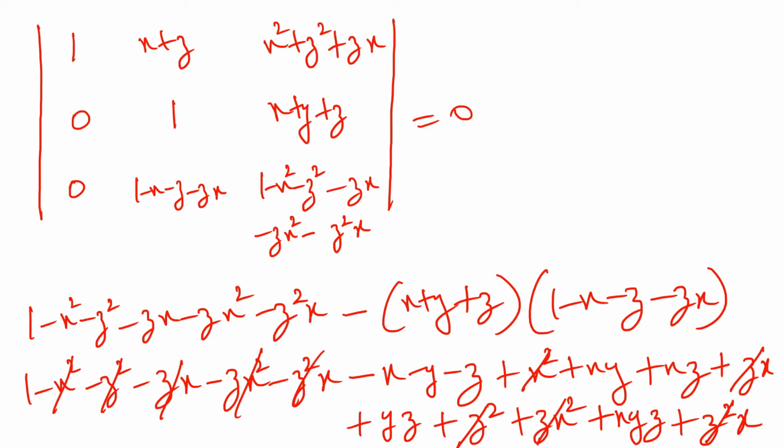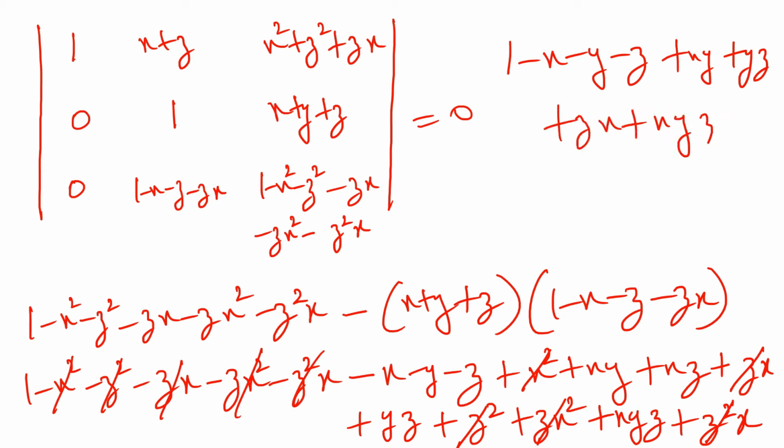So now we are just left with the expression 1 minus x minus y minus z plus xy plus yz plus zx plus xyz. Fine. Now we finally move towards the desired expression and find its value.